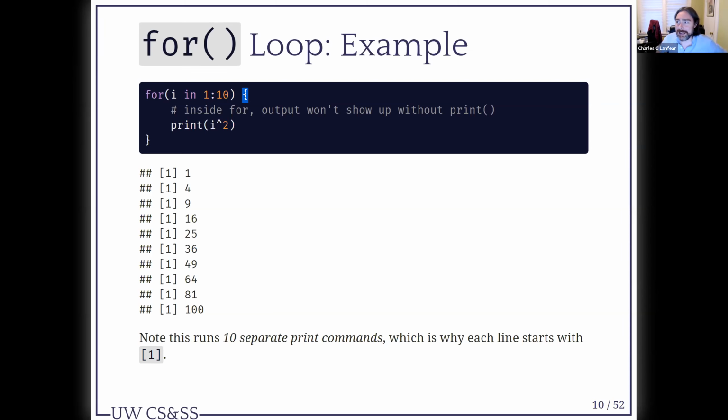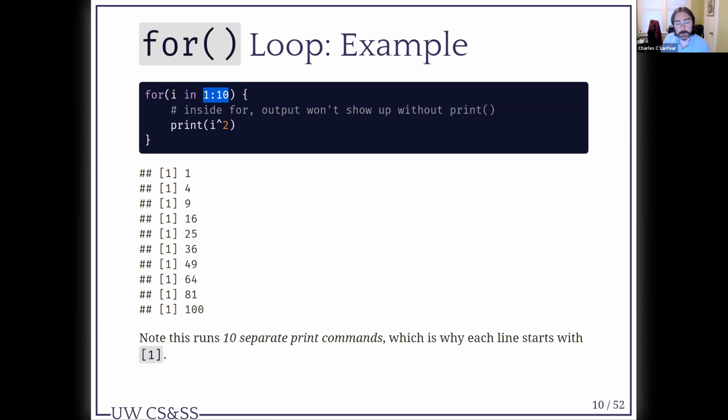Oh, dangerous cats. Okay, so what this is saying is to repeat the code in these squiggly brackets one time for every value of 1 through 10. This means all the code in here is going to run exactly 10 times, and all it's going to do is take I and one by one replace it with each value of 1 to 10.